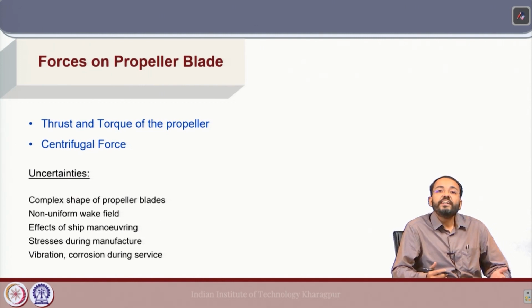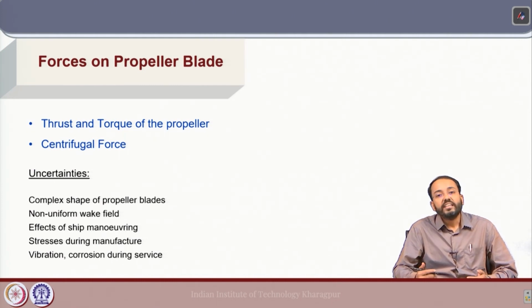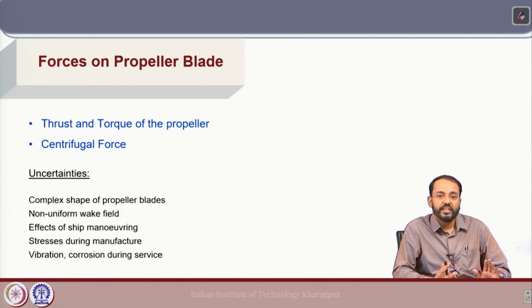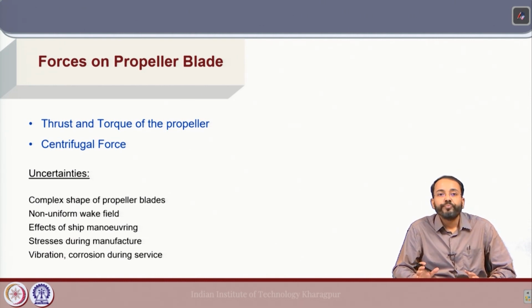Then there are effects of ship maneuvering. When the ship is turning or during astern motion, the forces on the propeller blades are very much different from the normal case of ahead motion, because the flow into the propeller blades will be very much different and the stresses will also change.